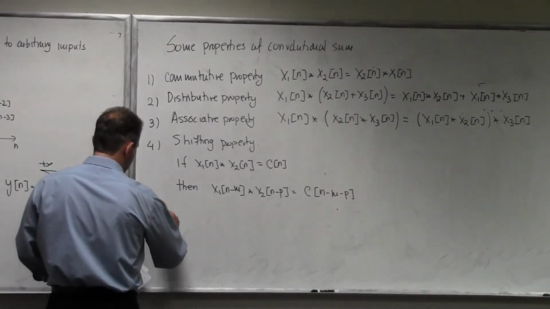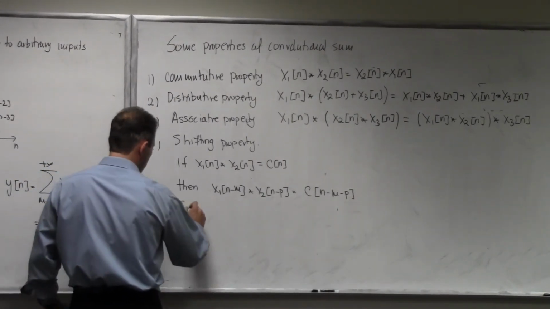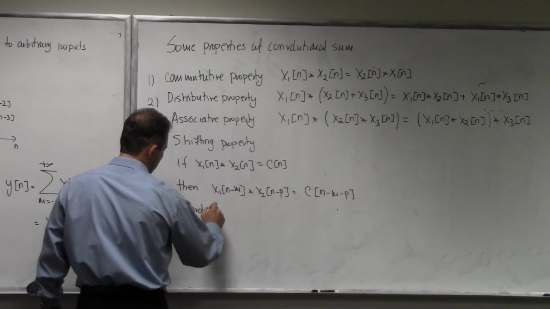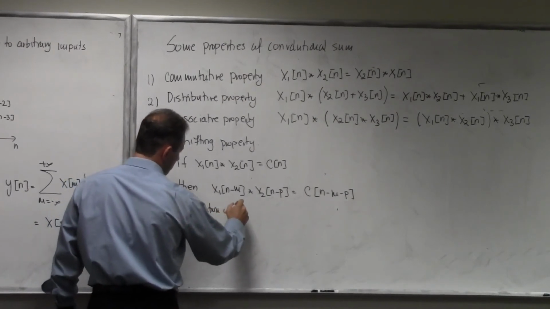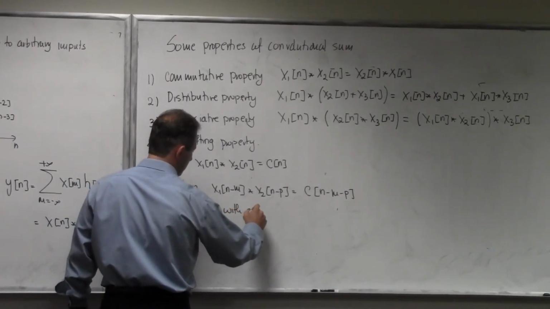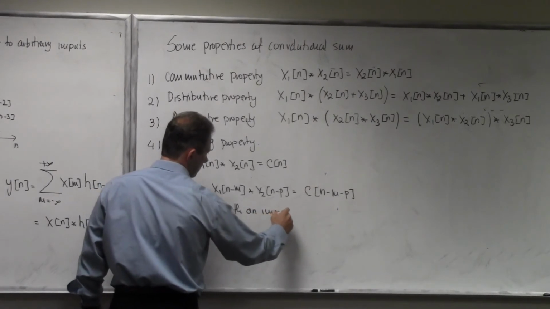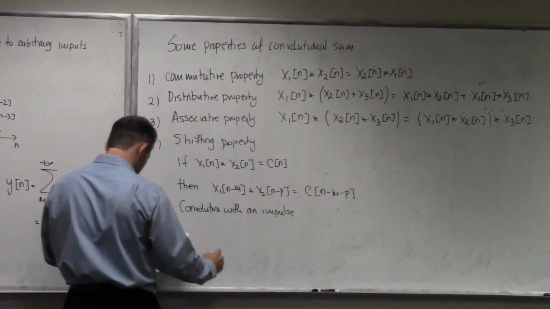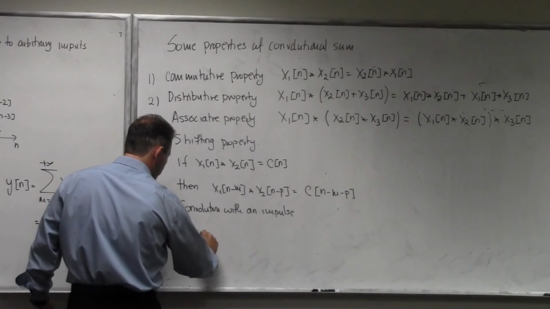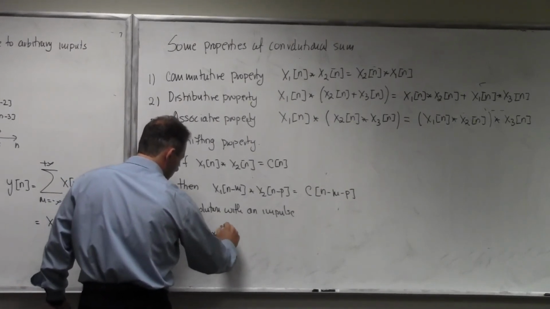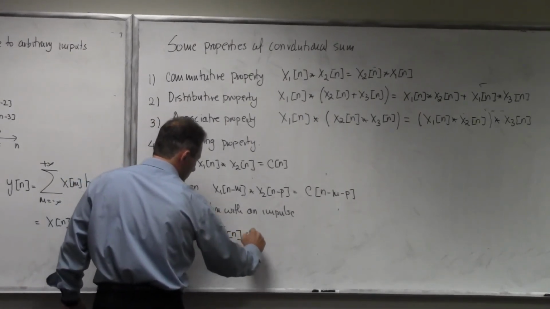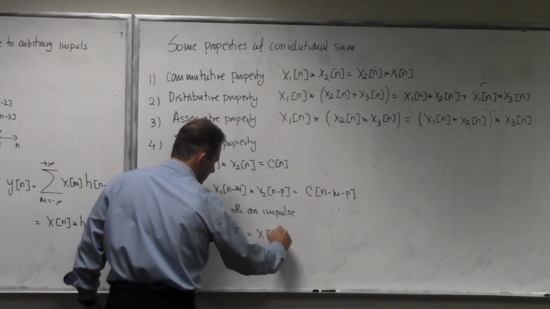Another interesting property is convolution with an impulse. x of n convolved with delta of n gives me back x of n.